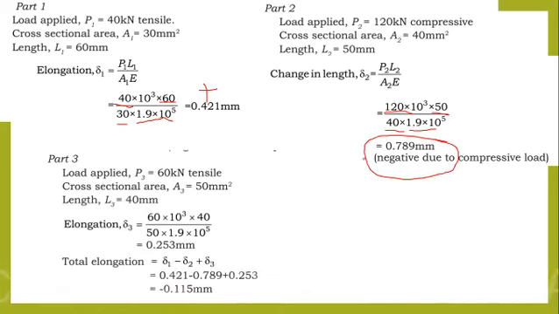For the third section, P is equal to 60, length is equal to 40, area of cross section 50 and E is equal to 1.9 × 10⁵. We got delta L is equal to 0.253 as it is tensile, again a positive value. So in net effect, positive, negative and positive, the total is negative. In total, the whole system gets compressed by 0.115 mm.